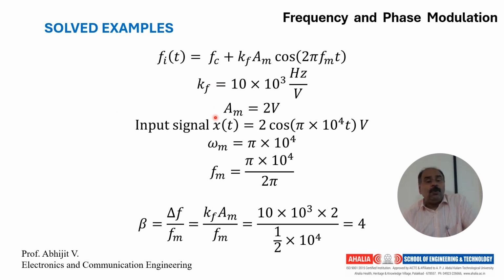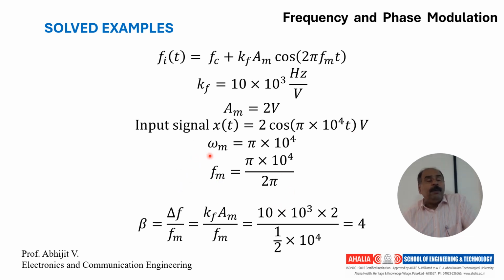From the question you will get the value of Am to be 2 volts, from the input signal. Omega m, that is 2 pi fm, is pi into 10 raised to 4. So from that you can calculate fm.